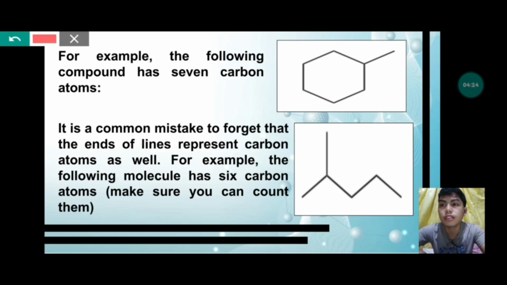So here we will count the carbon: 1, 2, 3, 4, 5, 6, and 7. So basically, the picture above is correct. It has 7 carbon atoms.